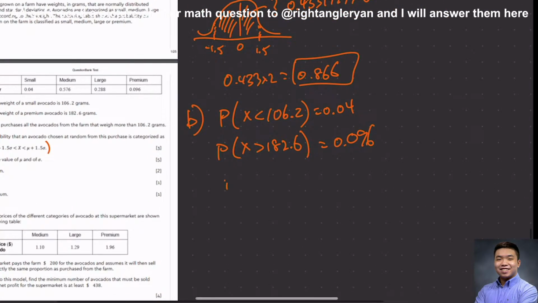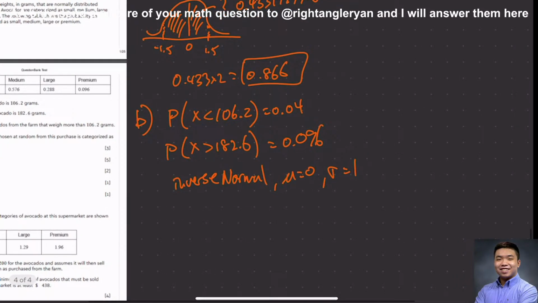So now we can just do inverse normal, okay? Assuming mean is equal to 0 and sigma is equal to 1, that's what we're going to put in to find the standardized z-score. For this, the z-score will be equal to negative 1.75068.